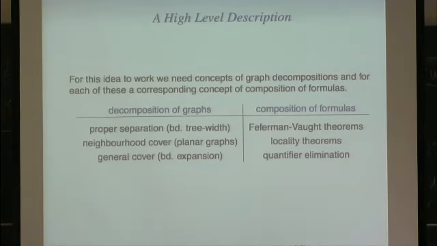So if you want to prove any algorithmic meta theorems, then normally you have to prove both parts: the separation on the graph theoretical side and the composition theorem for the logic. In this tutorial, I want to focus on the more logical tools, even though it's a bit cheating, because the difficult part usually comes in the graph decompositions. This is where the deep proofs are, and the logic is nice and short and more concise, if you want. But anyway, you'll see what I mean.